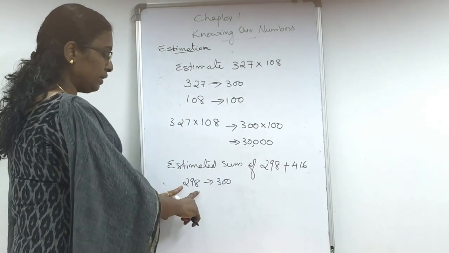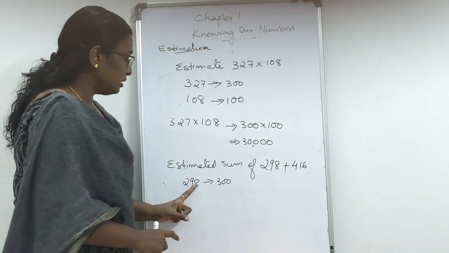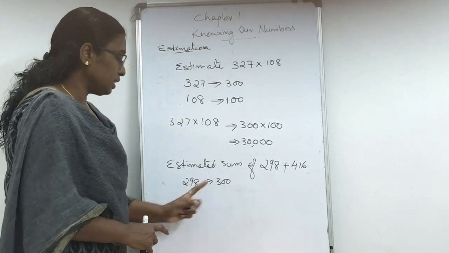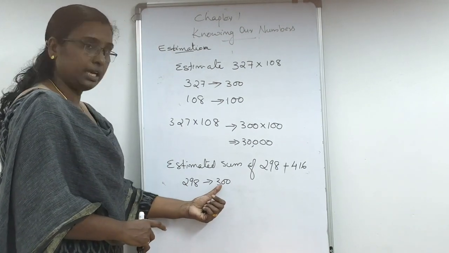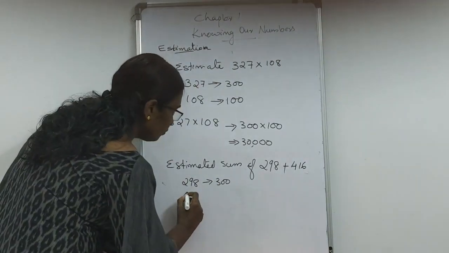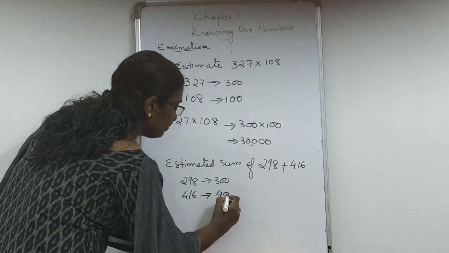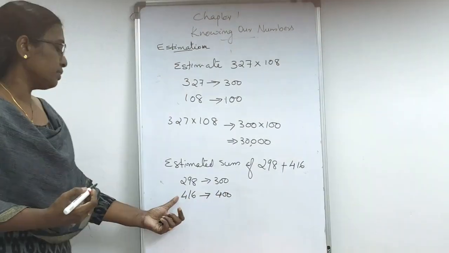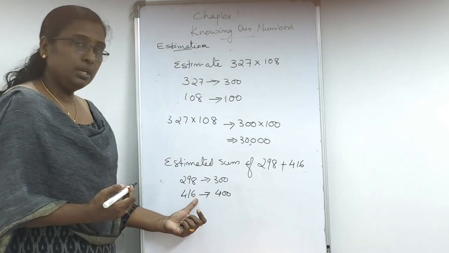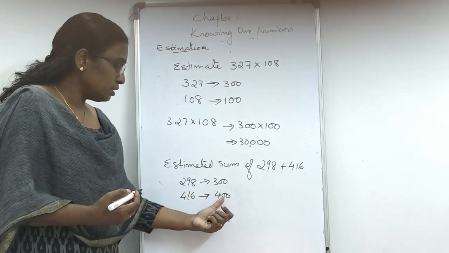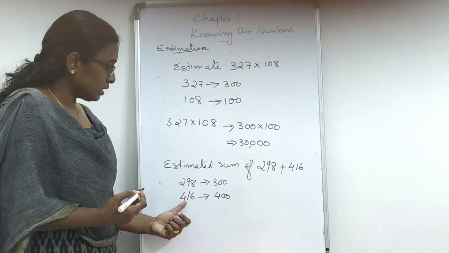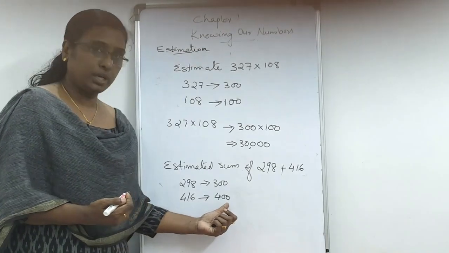This number lies between 200 and 300. So it is closer to 300, therefore its estimated number is 300. Similarly, the estimated value of 416 is 400 because this number lies between 400 and 500. It is closer to 400. So the estimated number of 416 is 400.